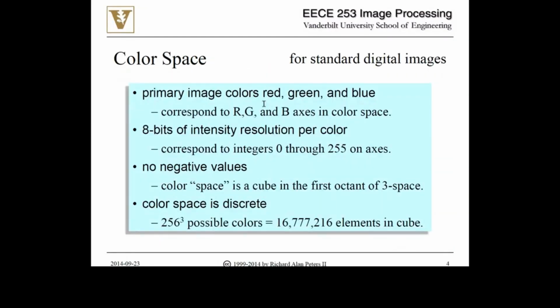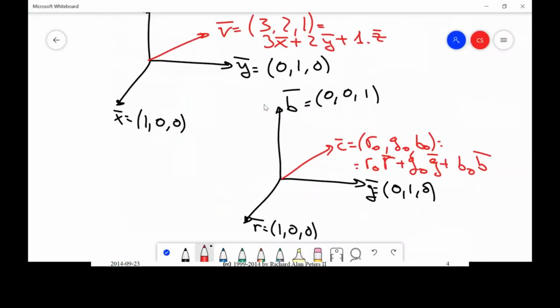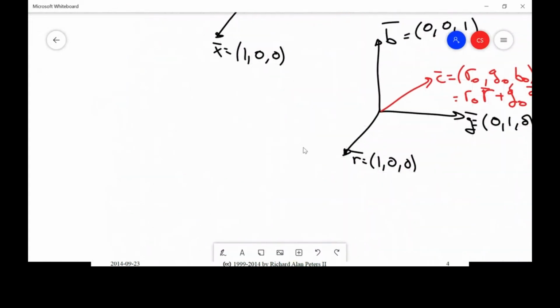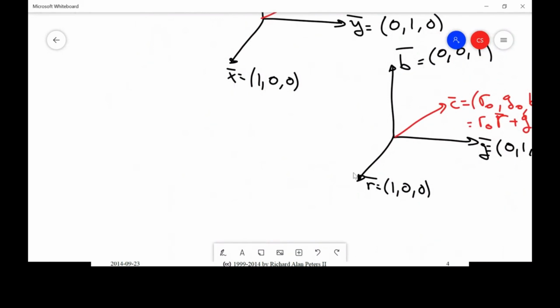Okay, so yeah, we can be more detailed about our vectors. In general, we tend to think of this vector space as R^3.